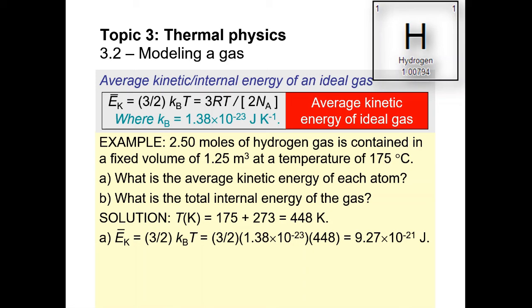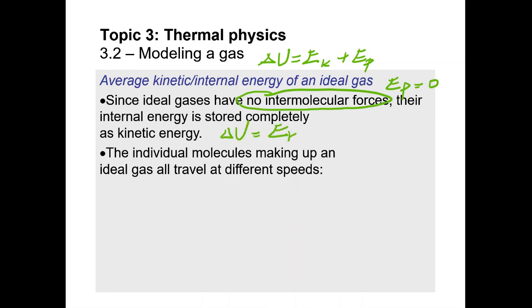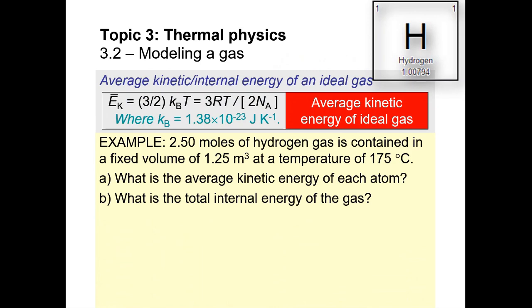Now B, what is the total internal energy of the gas? We just discussed that internal energy is the sum of the kinetic and the potential energy of the molecules. For an ideal gas, there are no intermolecular forces, which means the potential energy is 0. That means internal energy is the kinetic energy, so total internal energy is the total kinetic energy.